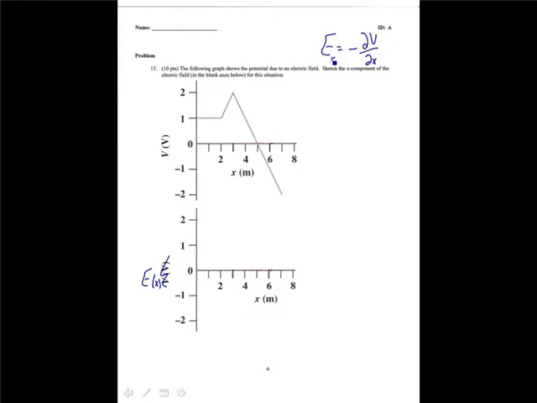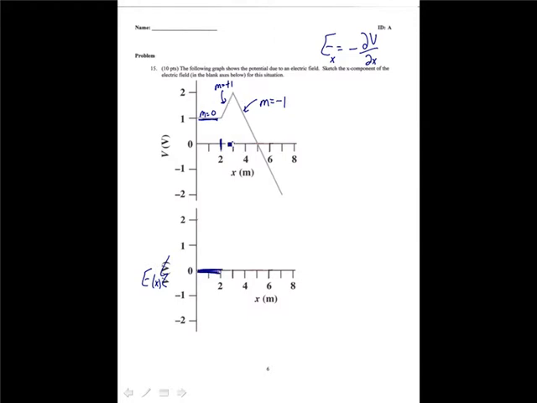So I just really want to make a plot that has the slope. I'm going to label the slope for each of these. The slope of this section is 0, the slope of this section is +1, and the slope of this section is equal to -1. Now, the electric field is just going to be the negative of those slopes. So from 0 to 2, our electric field is just 0.